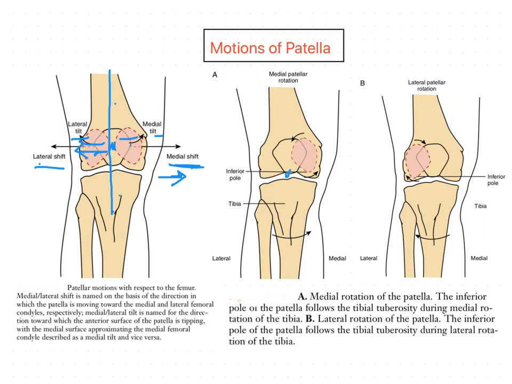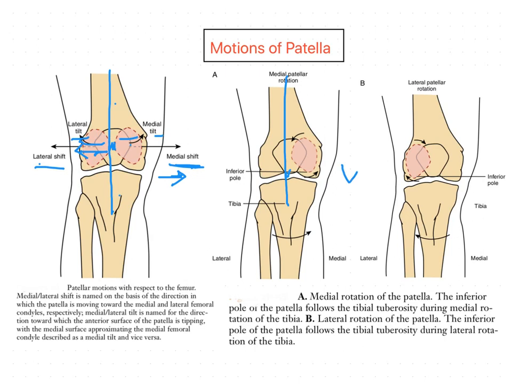Now you can see, the medial rotation occurs when the patella spins around this perpendicular axis, that is the long axis, perpendicular with the apex of the patella.